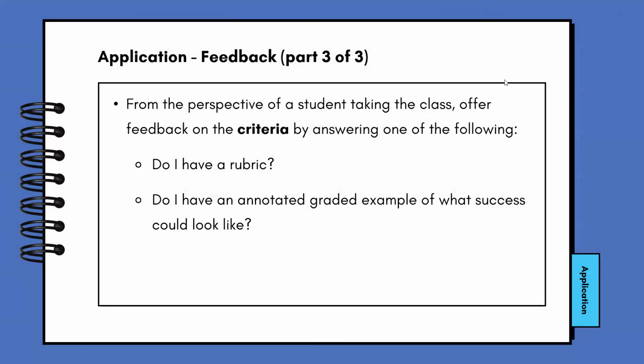Do you want to take this one? Yeah. So, again, putting yourself in the student's shoes and thinking about what they have included when they're completing the assignment, to be able to be successful on the assignment.